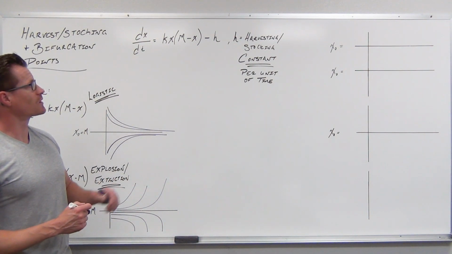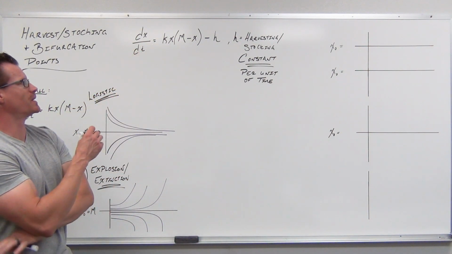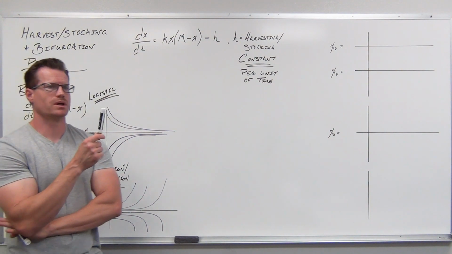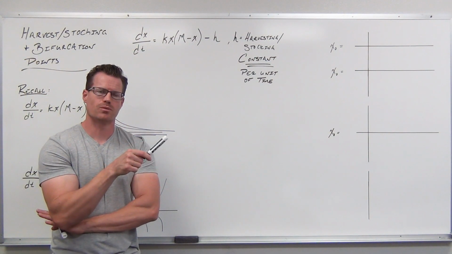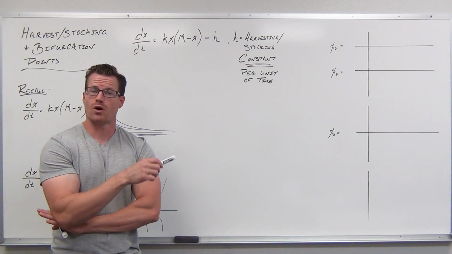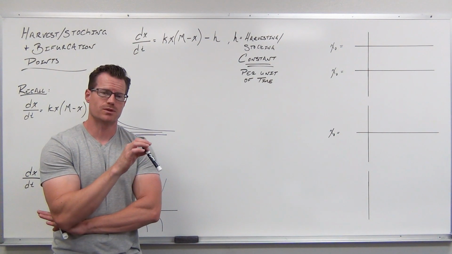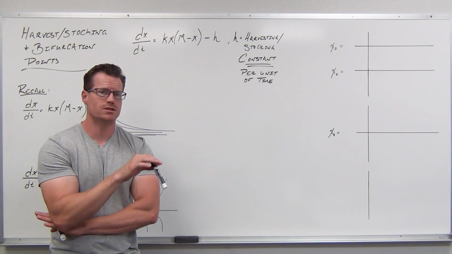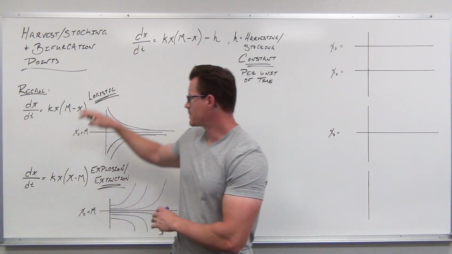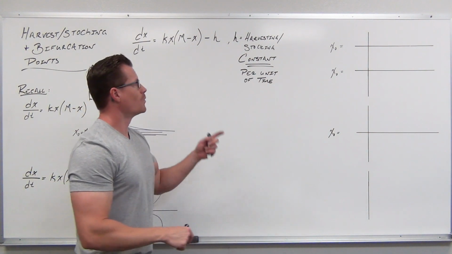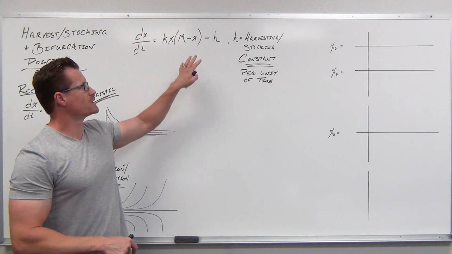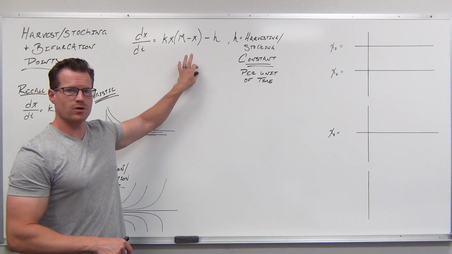So let's take a look and say, now wait a minute, if that's a differential equation, let's find our critical points. How we find critical points all the time is we set them equal to 0. So here's what I want to do with this. Now that we've kind of recapped this, I know I went quickly through it. What I want to do is use what we know about finding critical points.